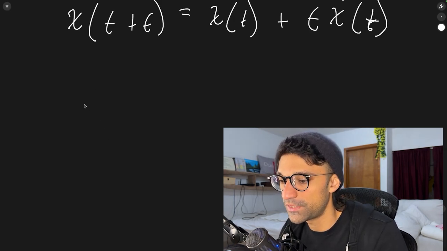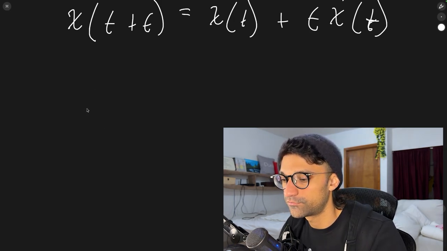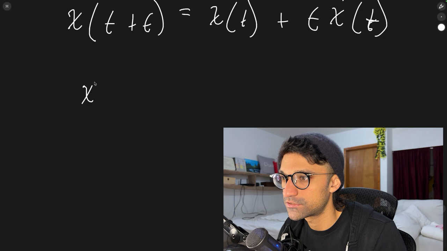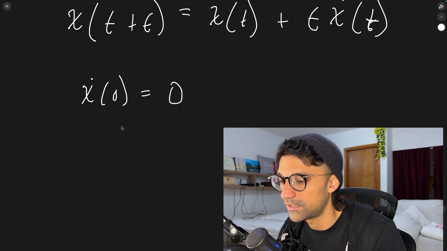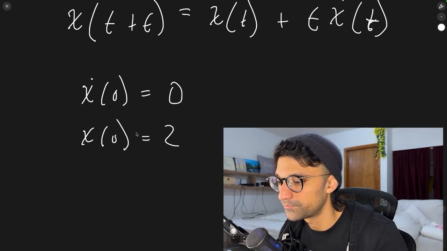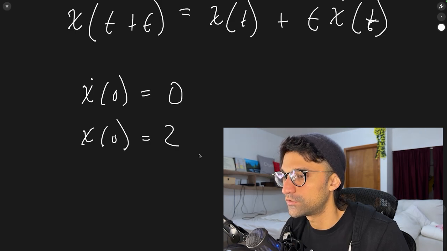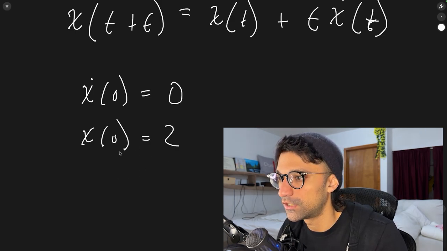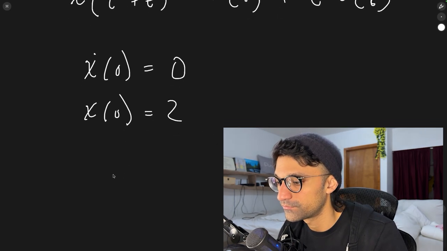Let's suppose that a particle starts from rest, right? So that means x dot at 0 is 0. And let's say x of 0 is 2. It starts at a position of 2. Okay, and I'm not going to include any units because now we're going to write code for this.